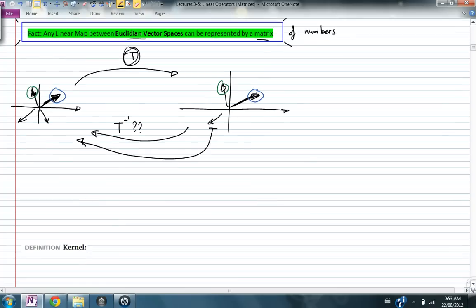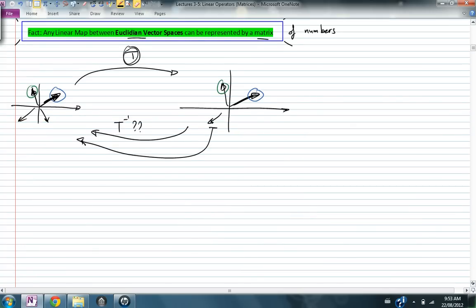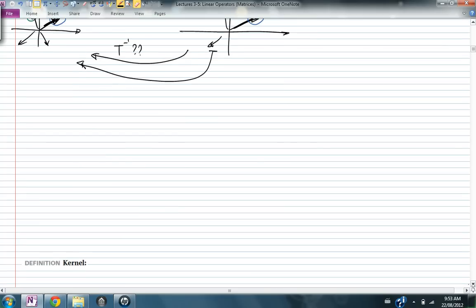Now, to understand which matrices can be invertible, we first have to define the kernel of a matrix. What is a kernel of a matrix? I'm going to show you the kernel of a matrix using an example.